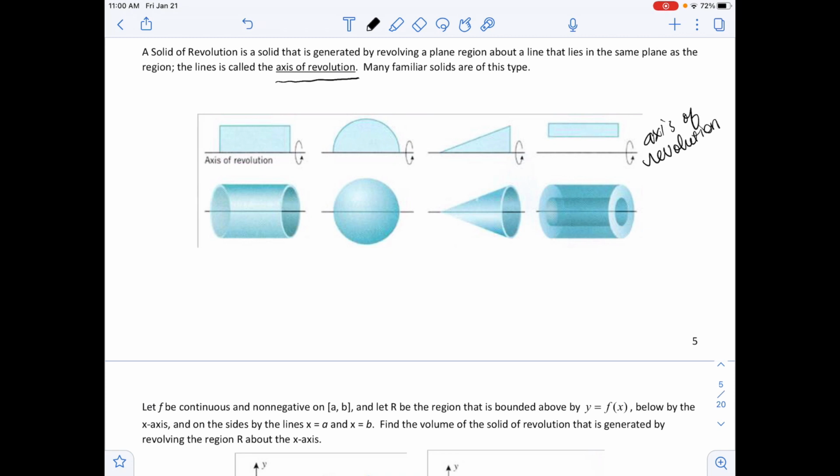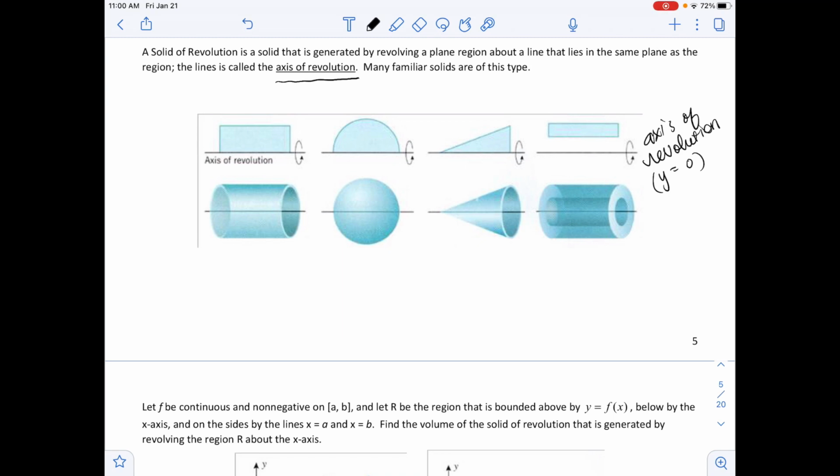And for us, a lot of times it's just going to be y equals 0. Not always. We could be revolving around maybe y equals 2 or even x values like x equals 7. But you're going to go ahead and take that area that you would have, and you're going to rotate it around your axis of revolution.